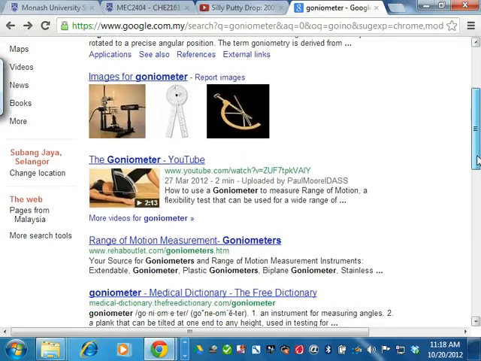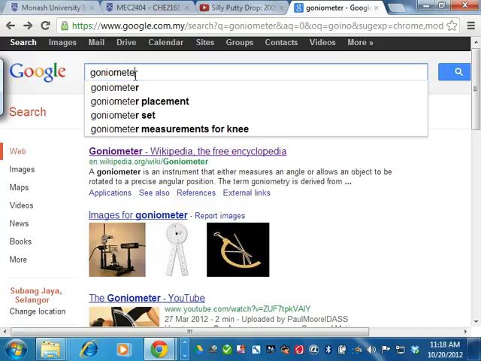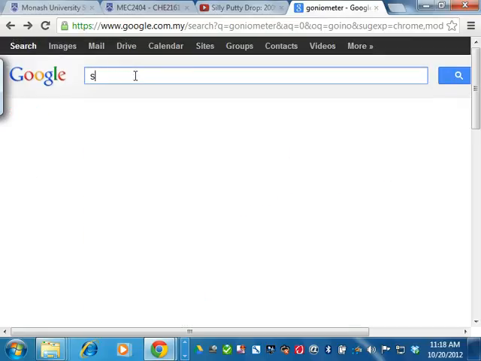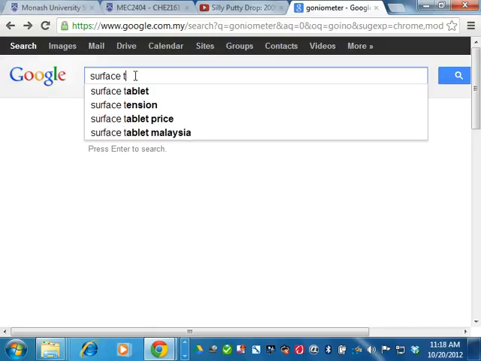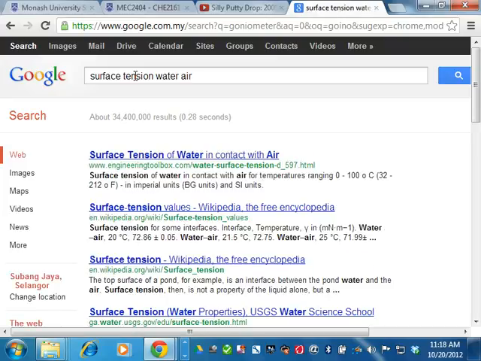Alright, so you got a textbook, anybody? Nobody got a textbook? Look on the internet. Surface tension, water, air. When you measure surface tension, the other thing is very important. Let's say you drop a droplet on the table, then the table surface, the water, and the air all play a role.